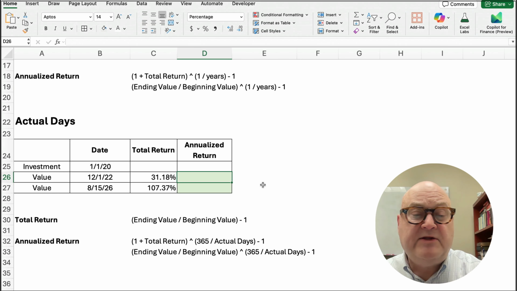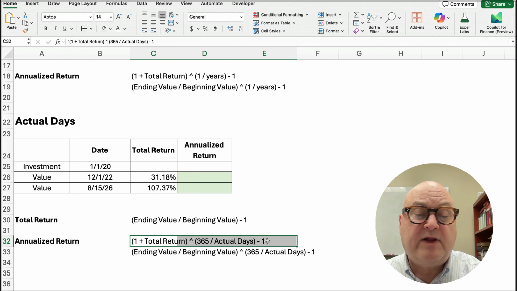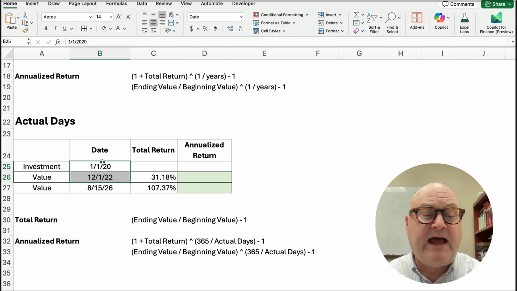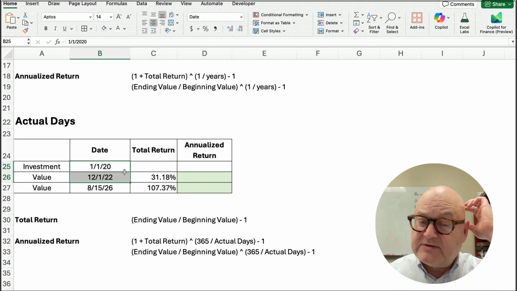Well, what we need to do is use this formula right here: 1 plus the total return, and then do the exponent of 365, because of the number of days, divided by the actual days. So there's going to be math here. We can say, what's the difference in these two actual days?